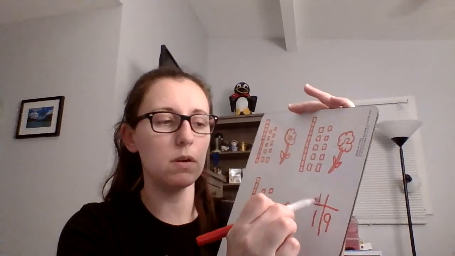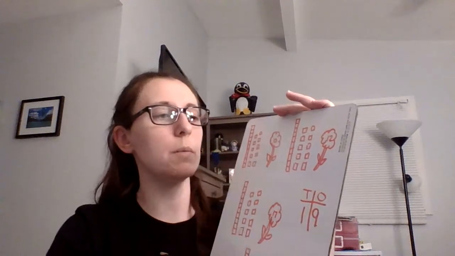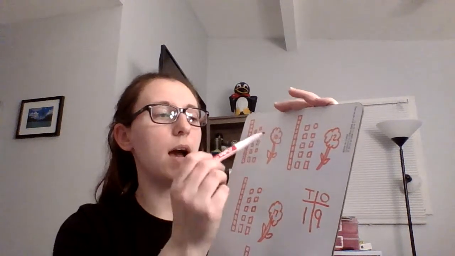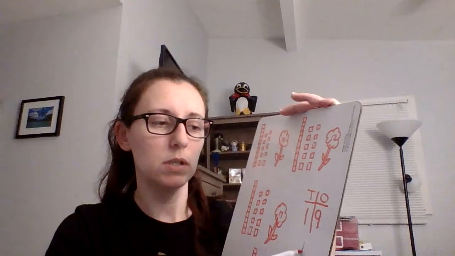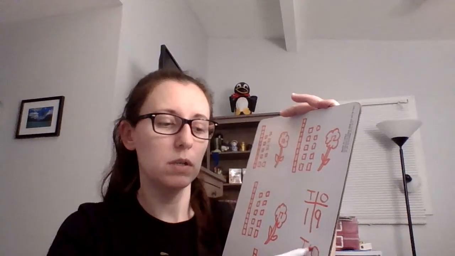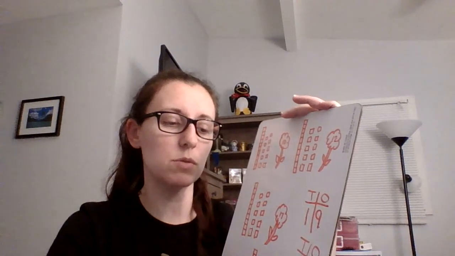So when we write a number, we have to have a chart that will separate a number. For example, if I have the number 19, I can put each number on either side of our chart. We have one group of 10 and 9 ones. For the number 10, I would do one group of 10 and 0 ones.